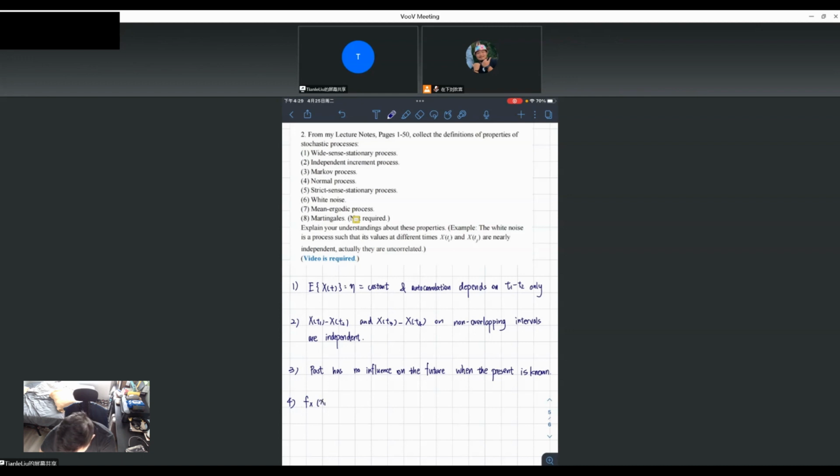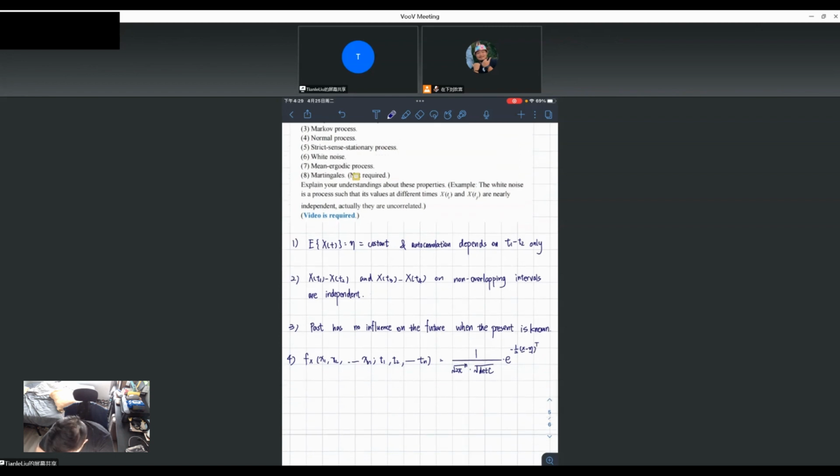When we have f_X(x1, x2, ..., xn; t1, t2, ..., tn), we'll have this form: 1 over the square root of (2 pi) to the power n, multiplied by the square root of the determinant of C, with the exponential of negative 1 over 2 times (x minus mu) transposed, multiplied by C inverse, multiplied by another (x minus mu).